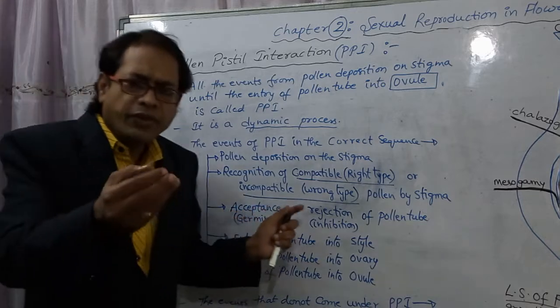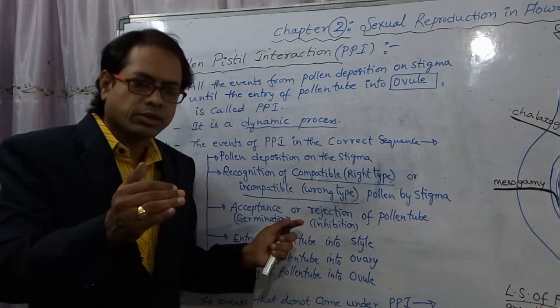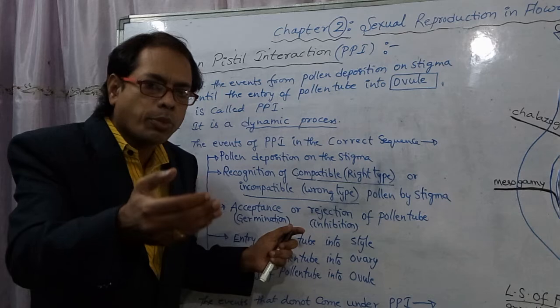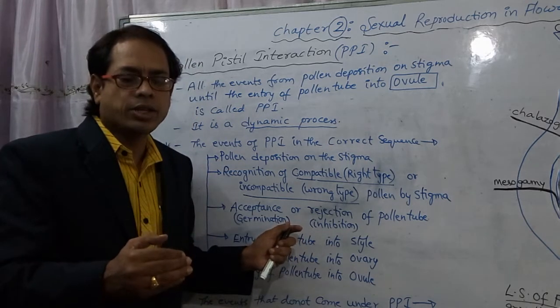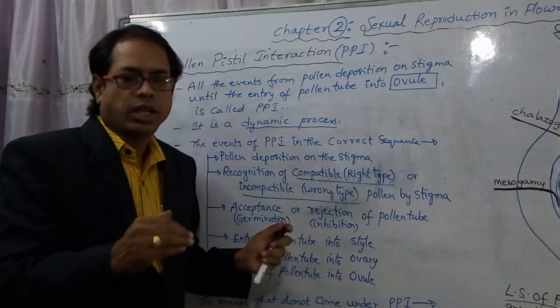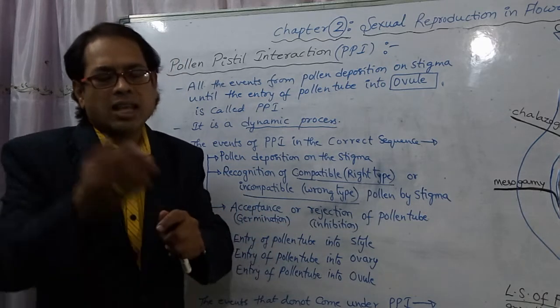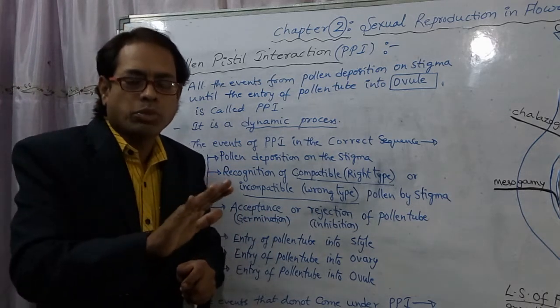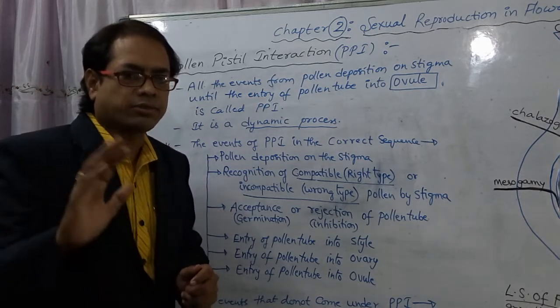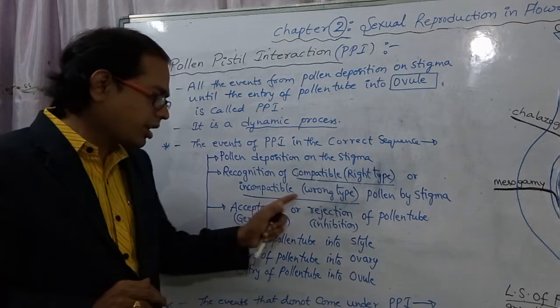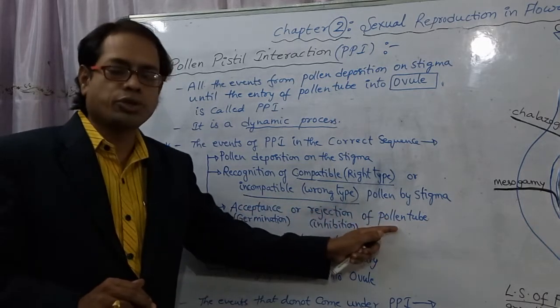Next, if it is the same type, the pollen grain is able to produce pollen tube. That means acceptable. If pollen grain is of another plant, pollen tube does not form. It is called rejection. So acceptance or rejection of pollen tube.